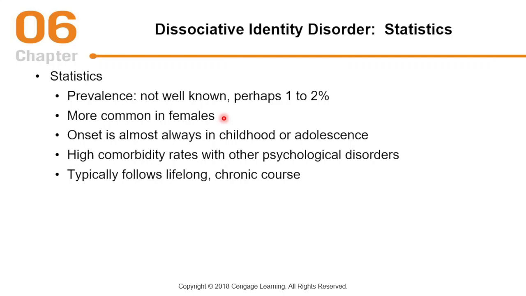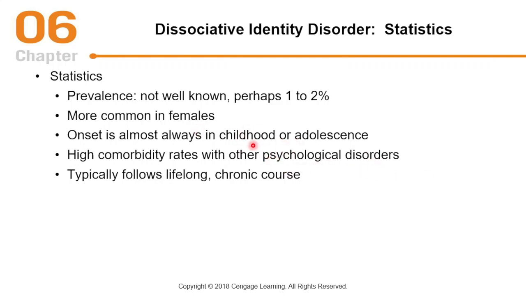And the onset is almost always in childhood or in the adolescent stage, wherein because the ego is not yet whole or the identity is not yet established, there is further breakdown in identity during these stages.